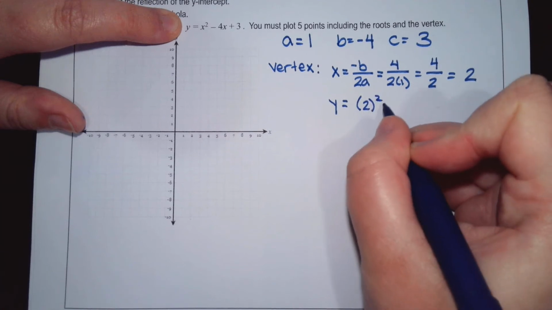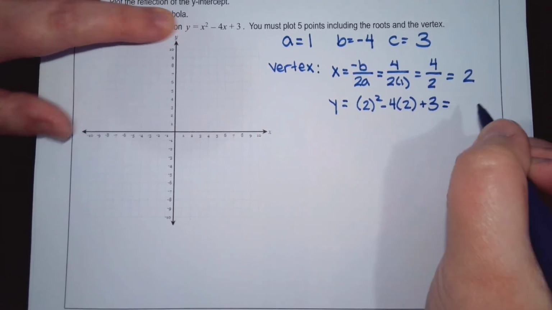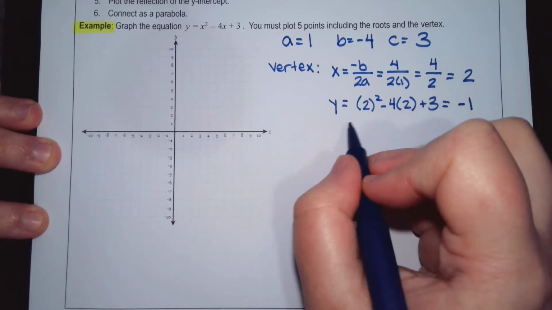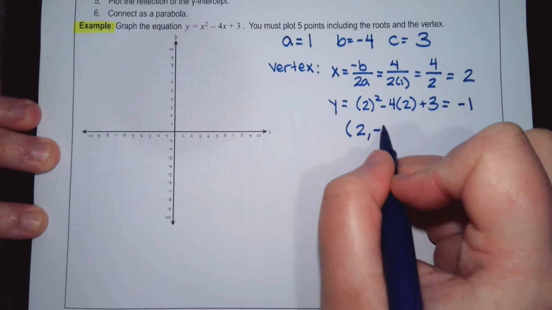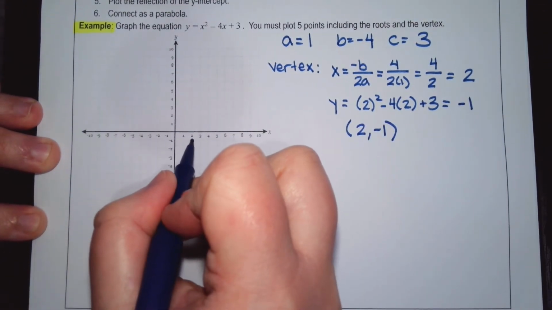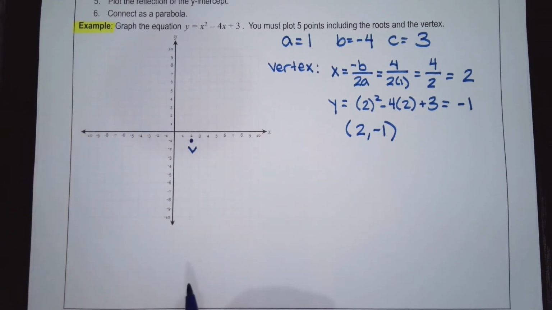So 2 squared minus 4 times 2 plus 3. And we end up with negative 1. So our vertex is 2, negative 1. So now I'm going to plot that. And I'm going to label it with a V, so that way we know out of all the points we've plotted, that is our vertex.